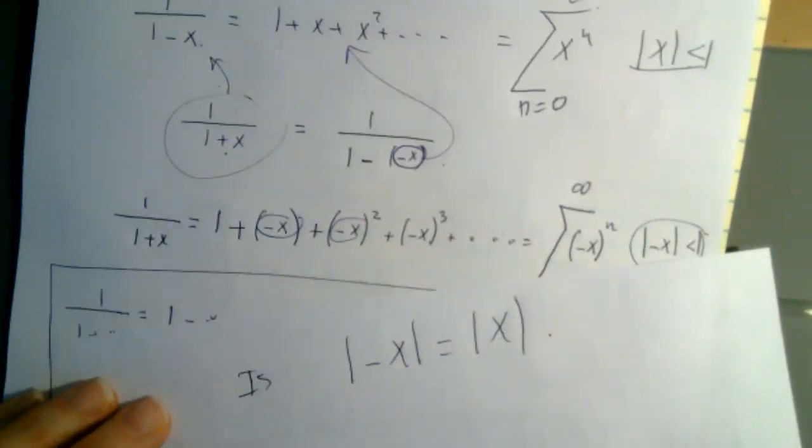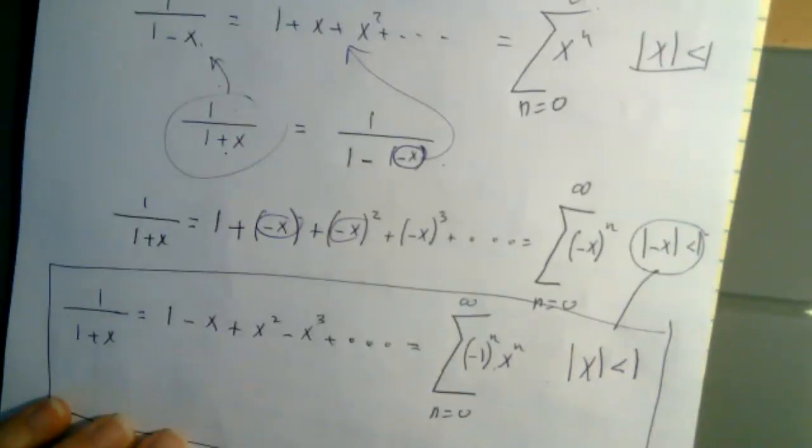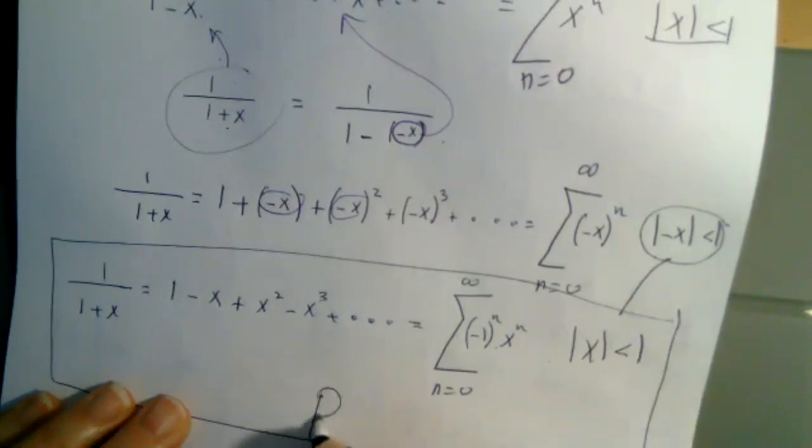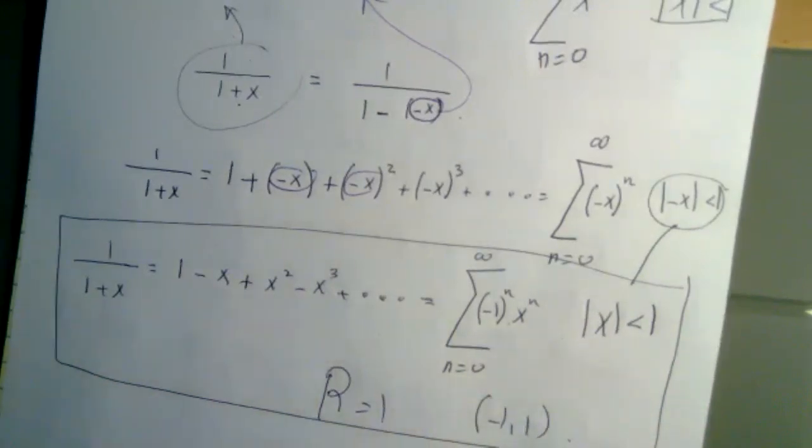Is absolute minus x equal to the absolute x? Yes or no? Absolutely yes. So if absolute minus x less than 1, it means absolute x less than 1. So the radius of convergence here is equal to 1, and the interval of convergence is minus 1 to 1.